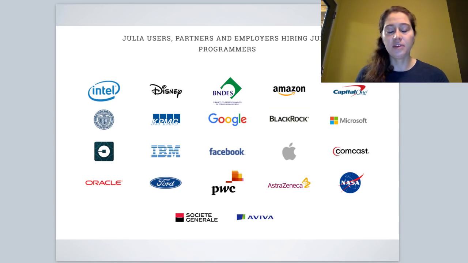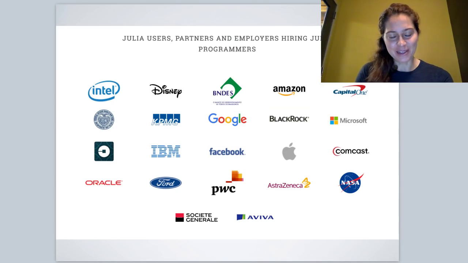For example, BlackRock in finance, Microsoft, Amazon, and Aviva is another really good case study to read. If you go to the Julia Computing case studies page, you can read about what some of these companies are actually using Julia for in their work. I'm trying to think if there are any big companies I'm aware of that aren't shown on this slide, and I'm blanking out right now.